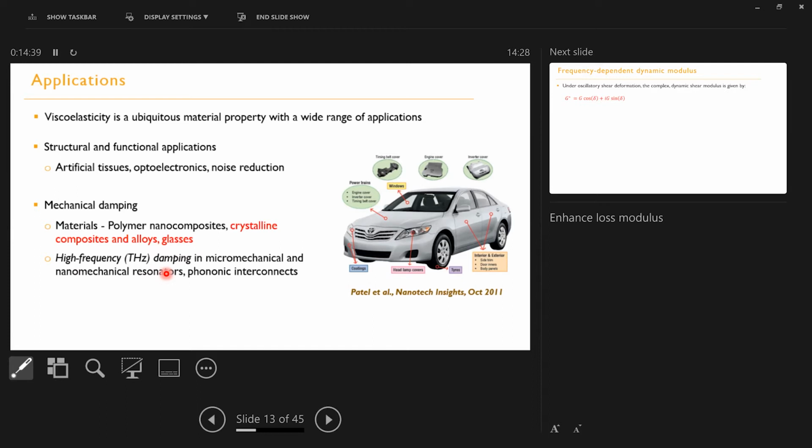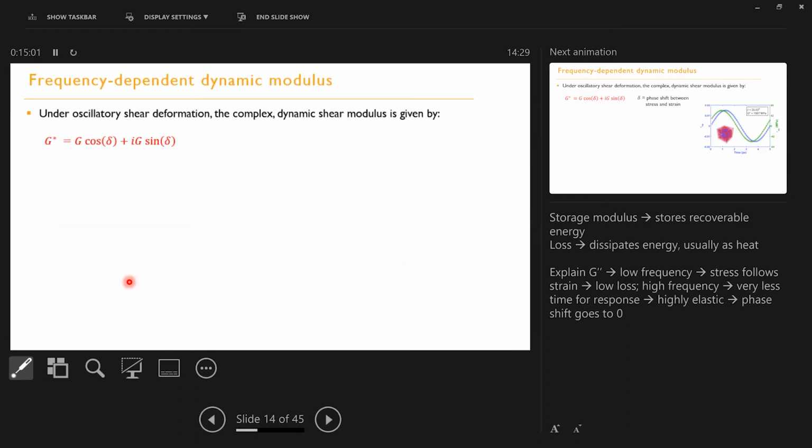Typically, these deformations might be on the order of hertz or kilohertz, not terahertz. But this is important for certain high-tech applications like nanomechanical resonators or interconnects that people use in computer chips, where it is known that frequency can reach such high values. All right, so how do we study this?